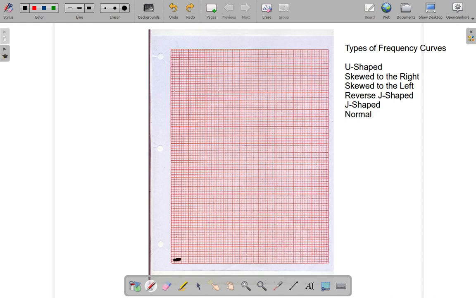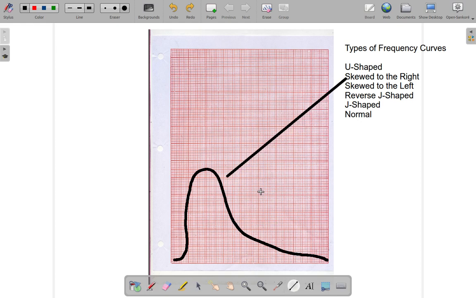Make it more exaggerated. I go up high, go down low, like this. Alright. Now, you might say, how is it that this bump is on the left and yet it's called skew to the right? The thing is, this curve is skewed to the right.